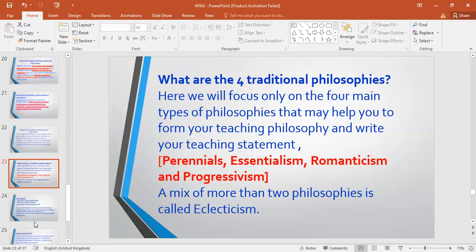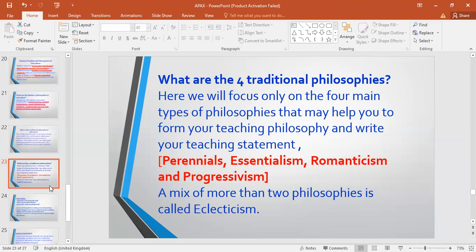Can we read this? I'll read this. Yeah. What are the 4 traditional philosophies? Here we will focus only on the 4 main types of philosophies that may help you to form your teaching philosophy and write your teaching statement. Perennialism, essentialism, romanticism, and progressivism.